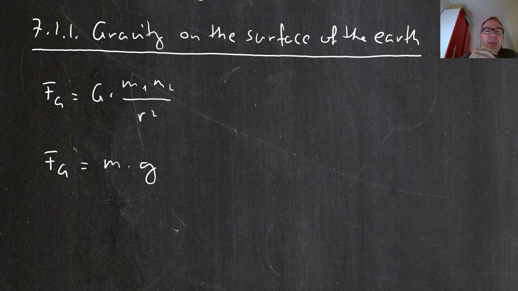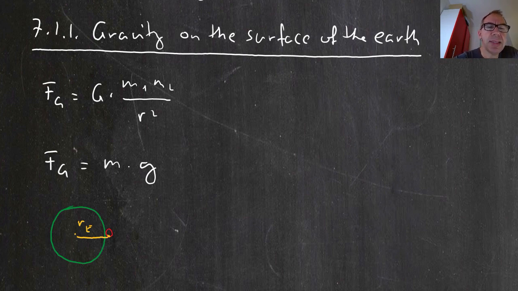So if we draw the situation, we have on the one side the Earth and an object, and the object is on the surface of the Earth, rather small usually. We can therefore find out what r is. Well, this is from the center of the Earth towards the center of the object, which is roughly the radius of the Earth plus a couple centimeters or meters or maybe a kilometer. And the rest is given.